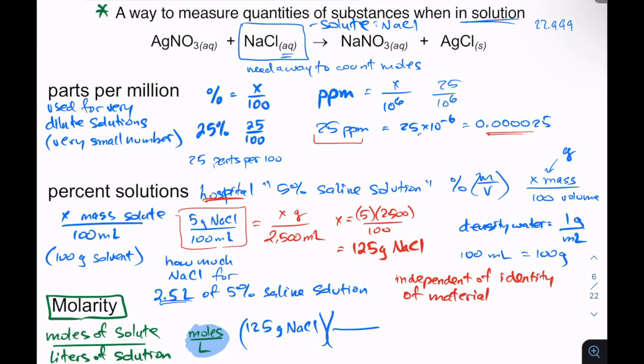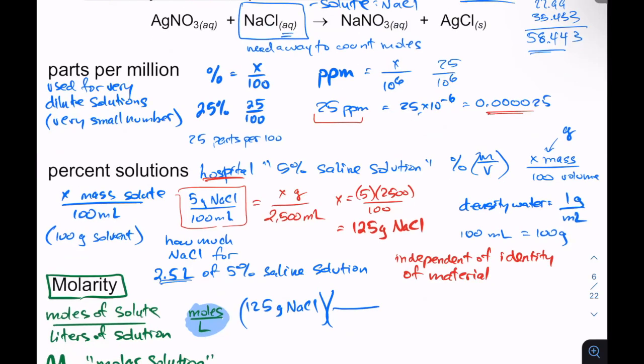I don't want to think about it this morning. And chlorine is 35.453. So that gives 58.44 grams per mole. Okay, so where is the 58.44 going to go?